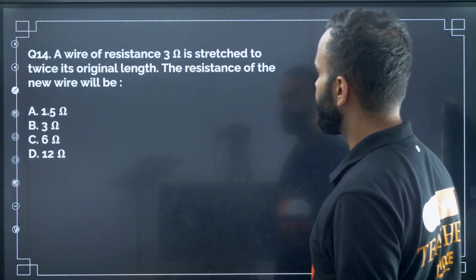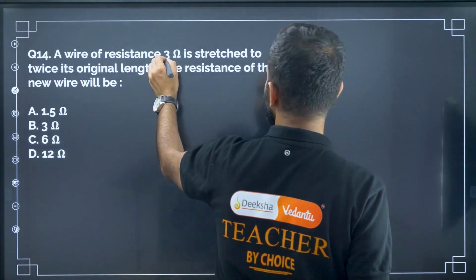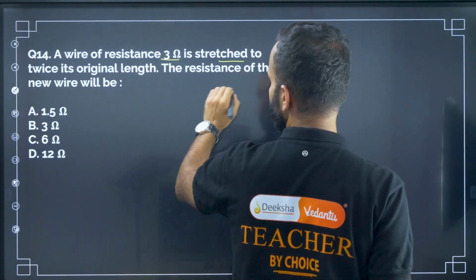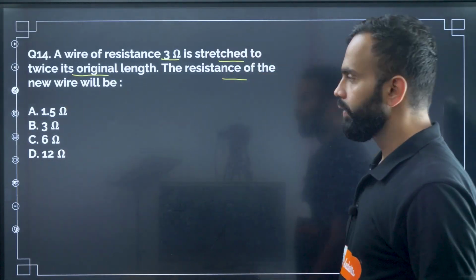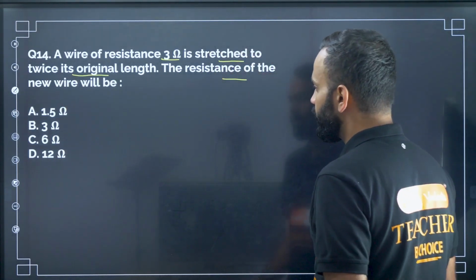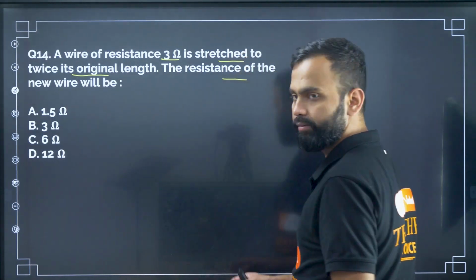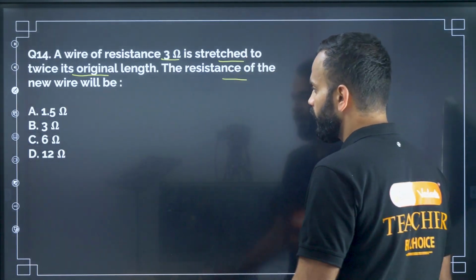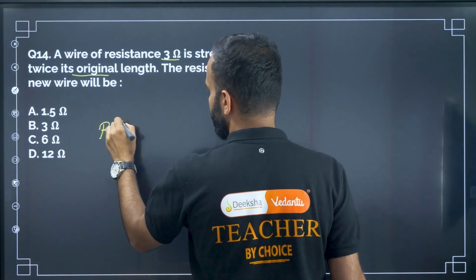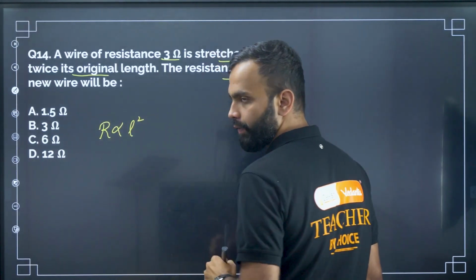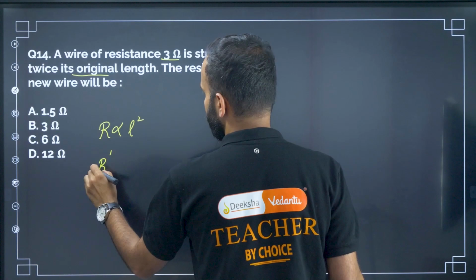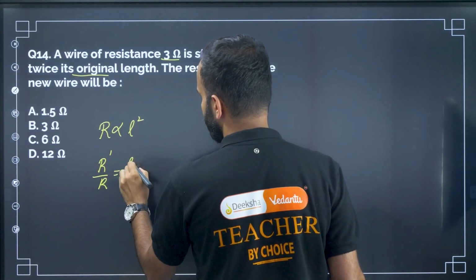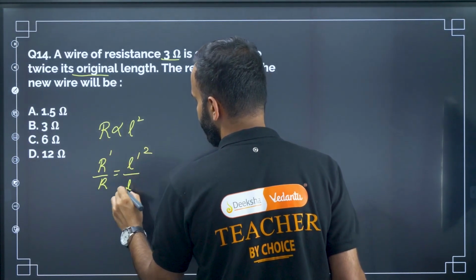Okay, next question. Question number 14. A wire of resistance 3 ohm is stretched to twice its original length. The resistance of the new wire will be. We know that in the previous question we concluded that R is directly proportional to L square. So R dash divided by R is equal to L dash squared divided by L squared.